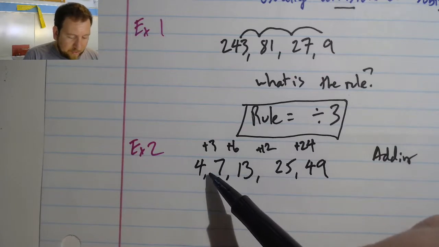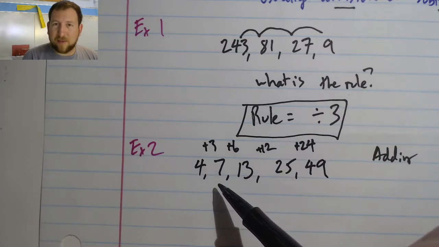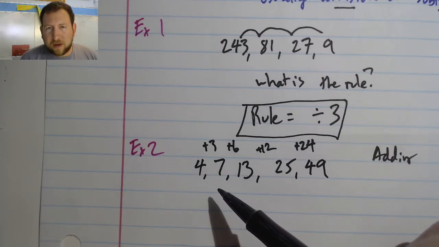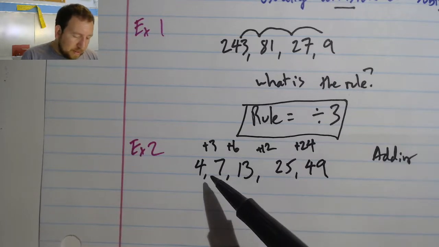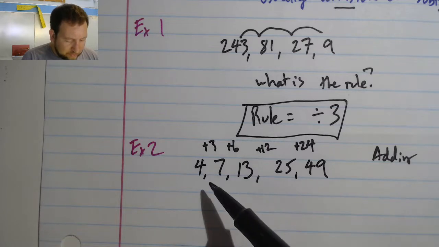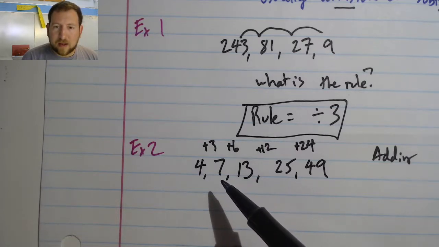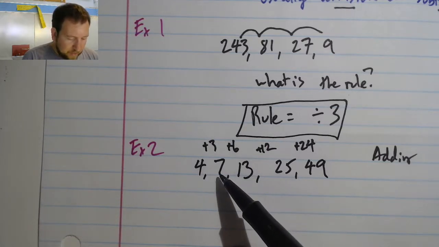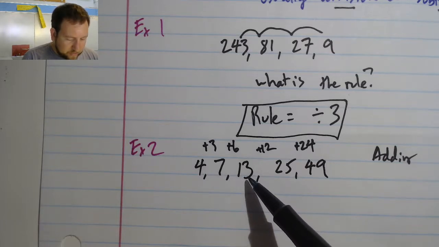Let's see. Is there something I can multiply 4 by to get 7? Yeah, there is, but it's going to be a big giant decimal. So it's likely going to be something where I need to do a combination of things in order to get to my next number. So let's look at 7 and 13.